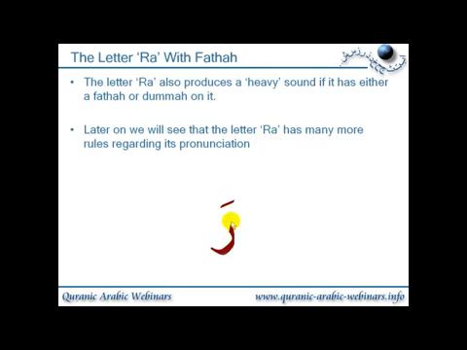So the letter ra with a fatha is pronounced ra. You cannot say ra, and you would hear this in the word rub. You cannot say my rab. You say my rub. So that's why it's rub instead of rab, because the letter ra with fatha must be pronounced heavy, so it's ra, ra.